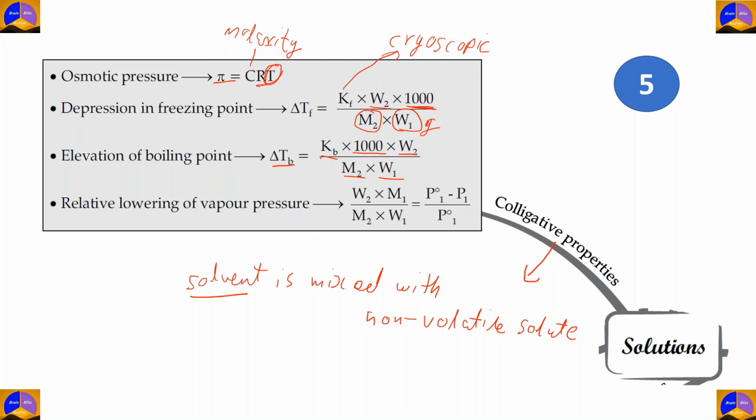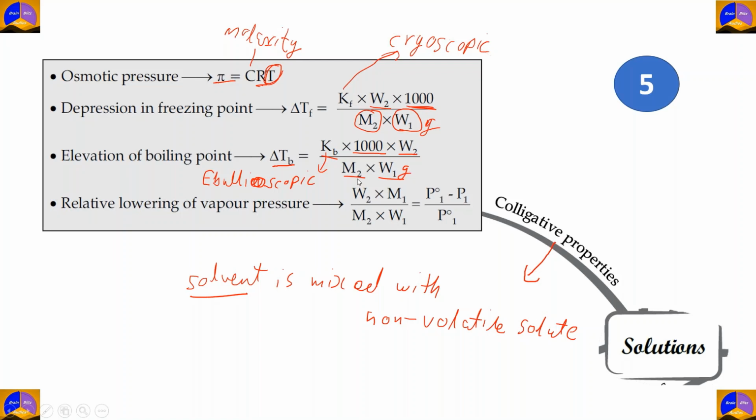Kb stands for boiling point constant or ebullioscopic constant. And 1000 is the converting factor for the mass of the solvent, which is W1, and this is given in grams again.